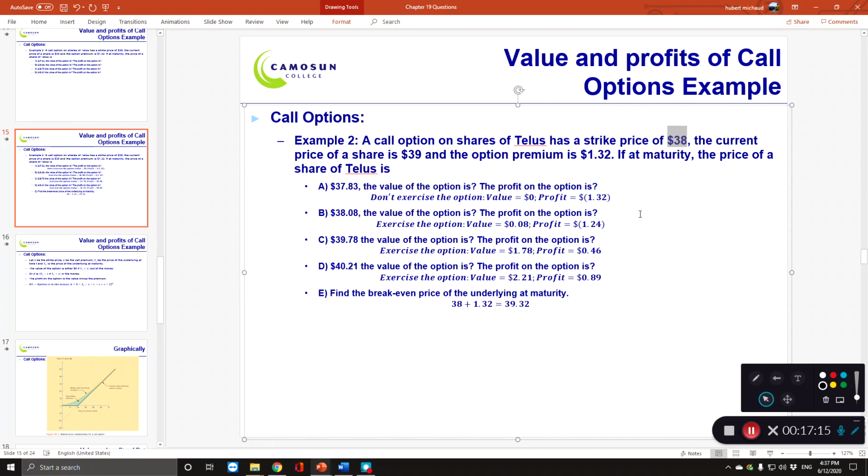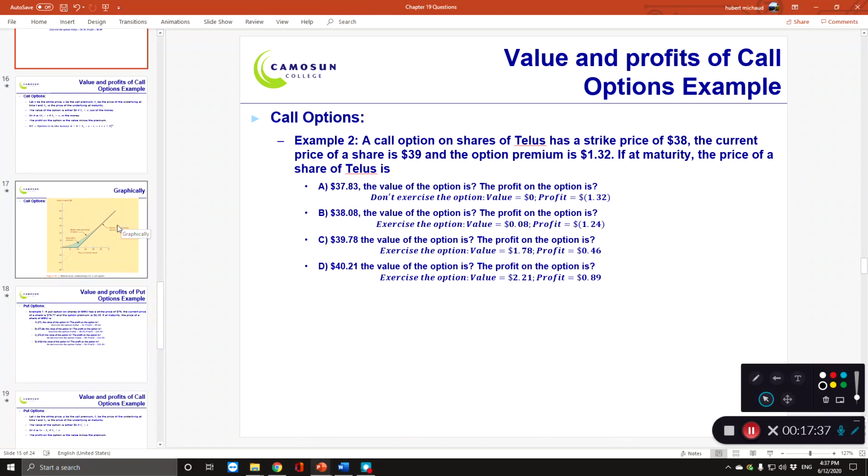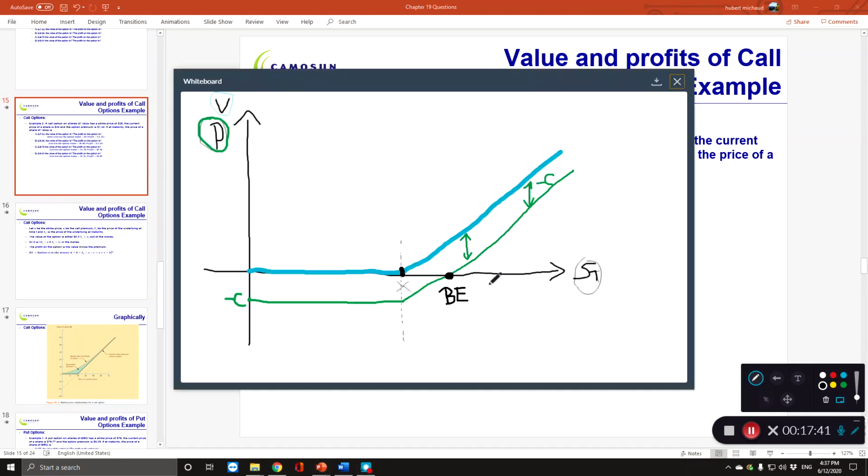It gives me a value of my option of 1.32. 1.32 minus the premium that I paid to get this option, 1.32, gives me 0. The profit on this position is $0. That's the break even, 39.32. Make sense for everyone? I don't know why I ask you questions. You can't reply. Okay. So we got the break even.